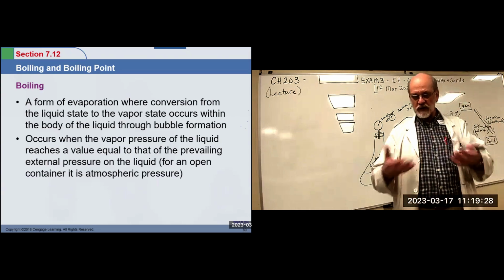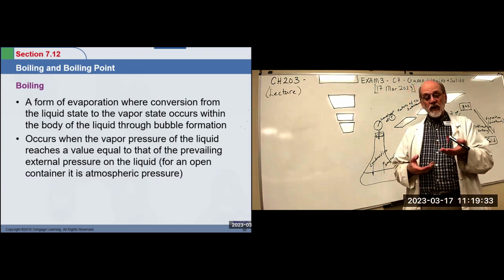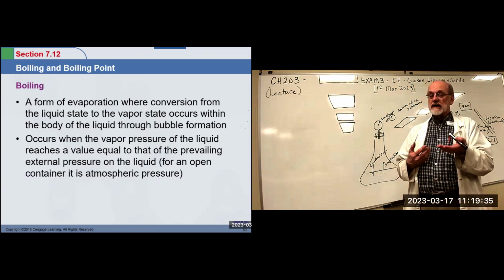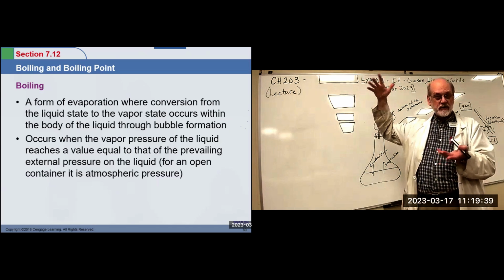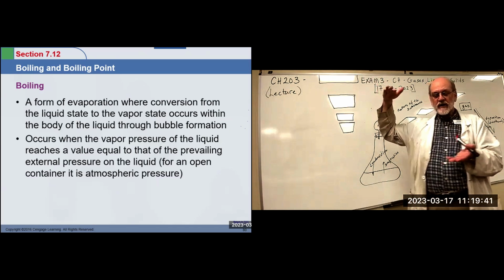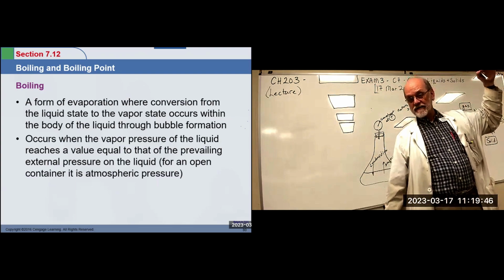So it'll be a certain boiling point at 1 atmosphere pressure, sea level. It'll be a different boiling point at half a mile high, which is where I live. Beckley is about 2,500 feet. And it'll be even lower at Denver, which is a mile high, 5,000 feet.